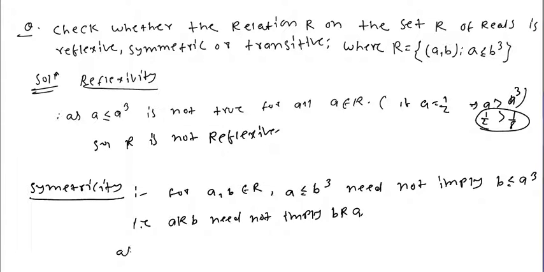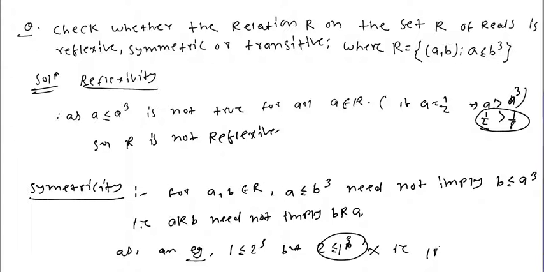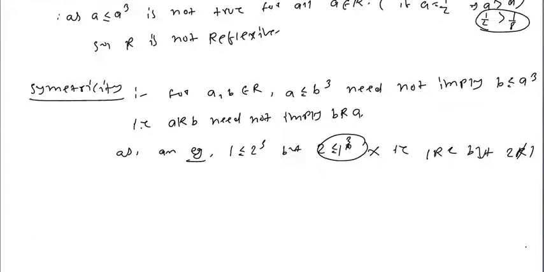As an example, if you take a equal to 1, it is true for b equal to 2, but 2 less than or equal to 1 cubed is not true. That is, 1 is related to 2 but 2 is not related to 1, that's why symmetry also fails.